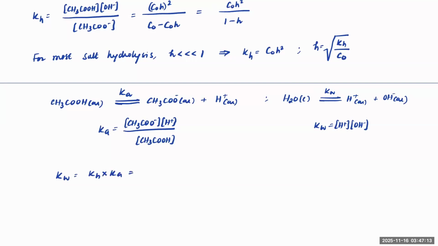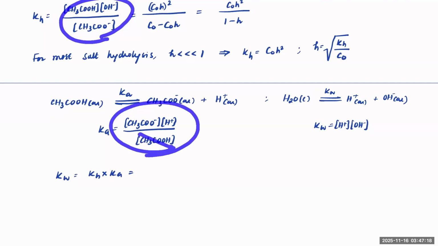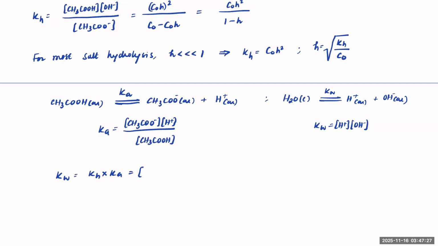Notice this carefully. This multiplied by this. If you multiply that, this CH3COOH will get cancelled. Then CH3COO minus and CH3COO minus will get cancelled. So this will lead to the formation of H plus ion concentration into OH minus ion concentration.